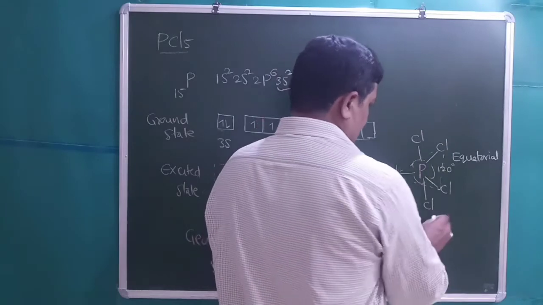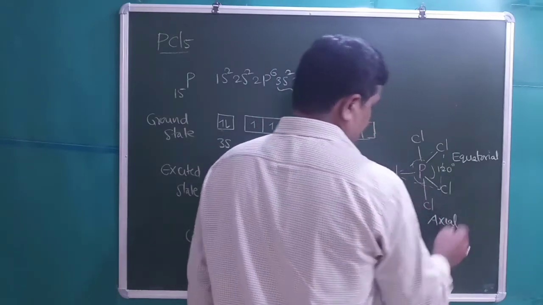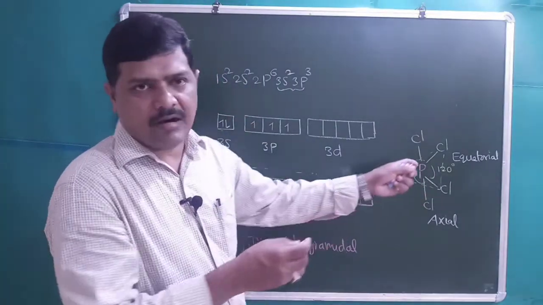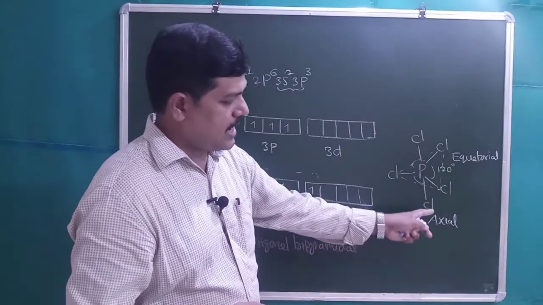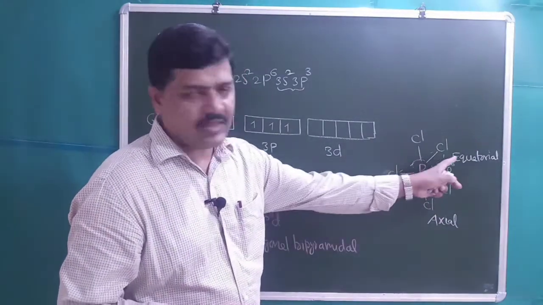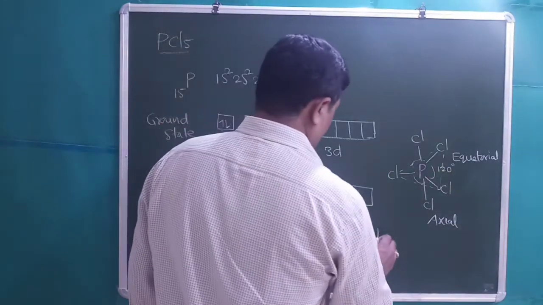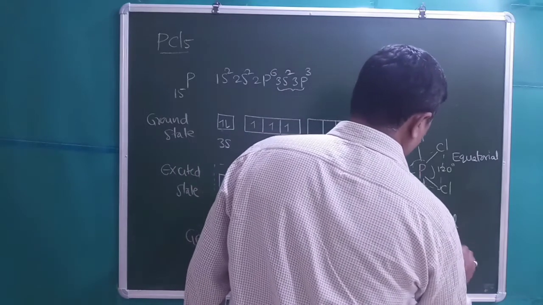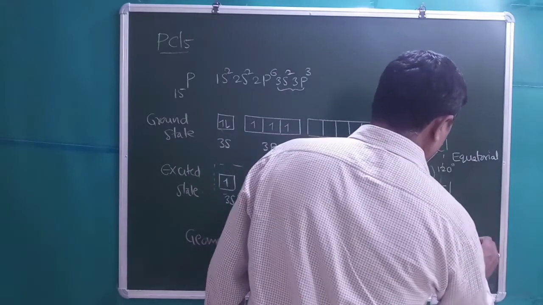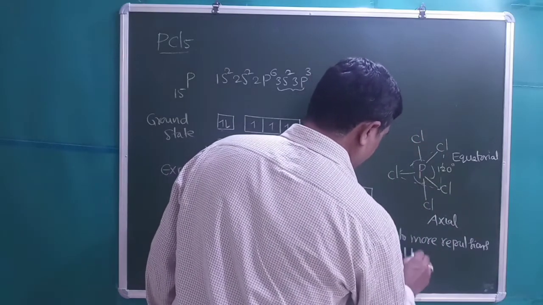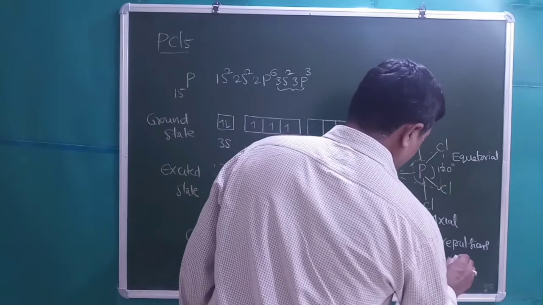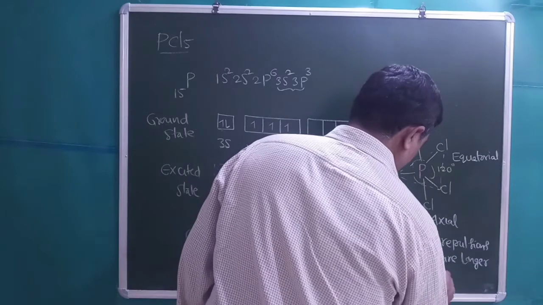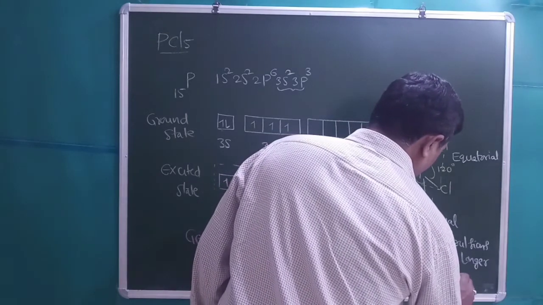These positions are called axial positions. Students, even though all the atoms are similar in PCl5, due to more repulsions, axial bonds are a little longer than the equatorial bonds.